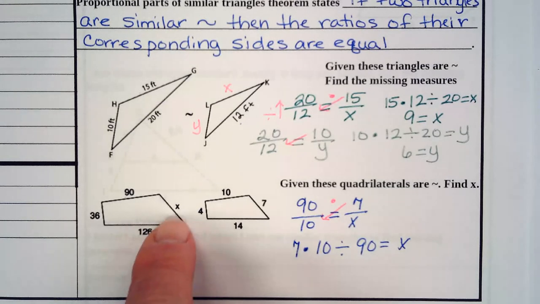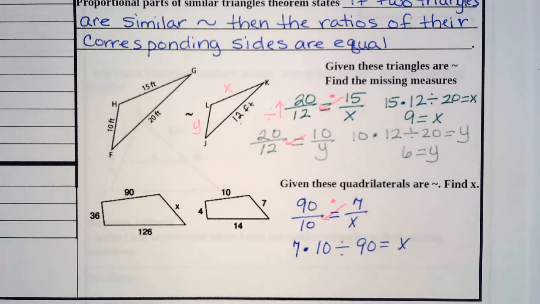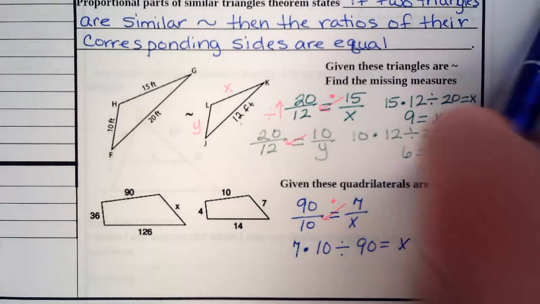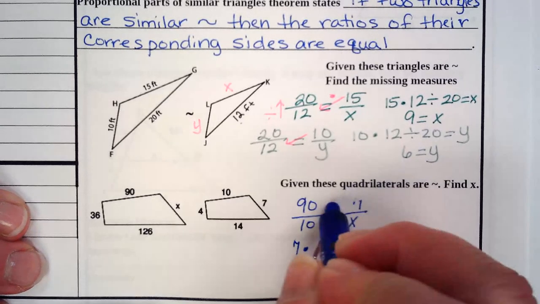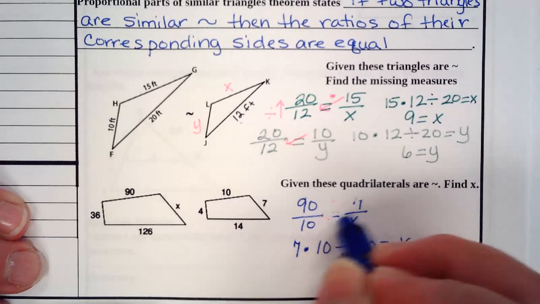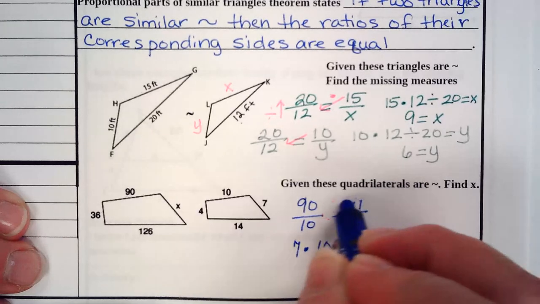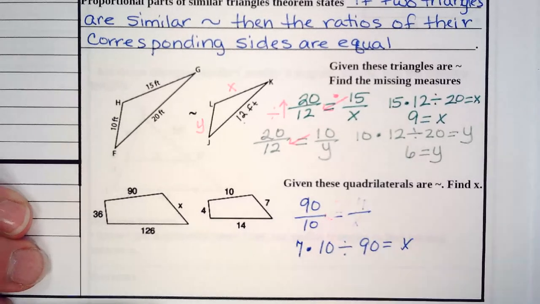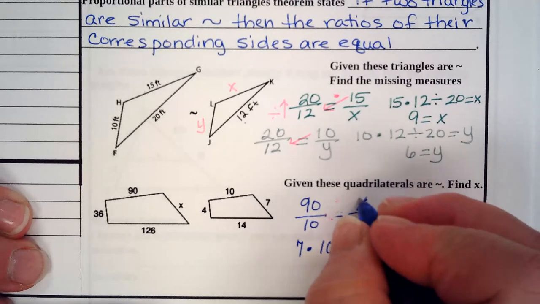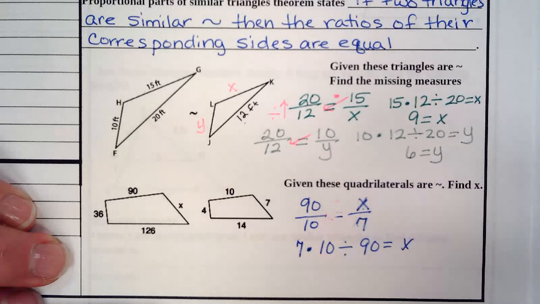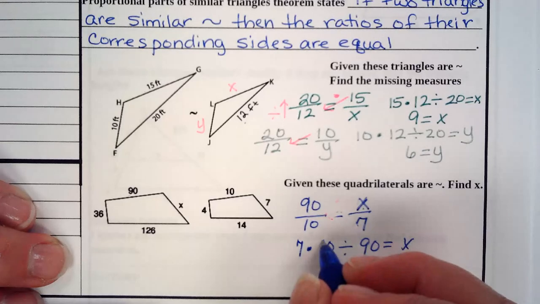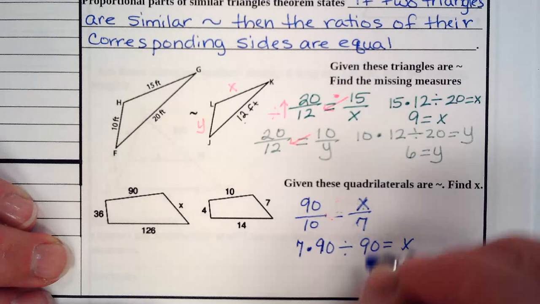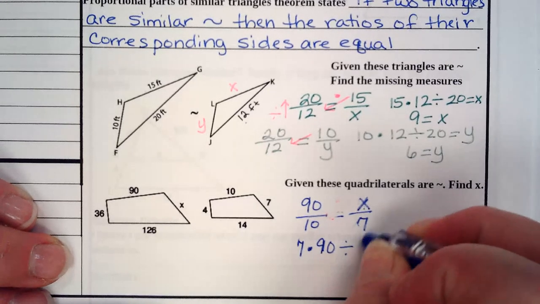Did I get it set up right? Because the 90 and the X should be in the same spot. So this should be X over 7, or 90 over 10 equals X over 7. This will be 7 times 90 divided by 10.